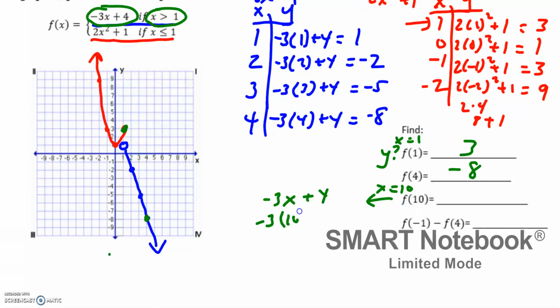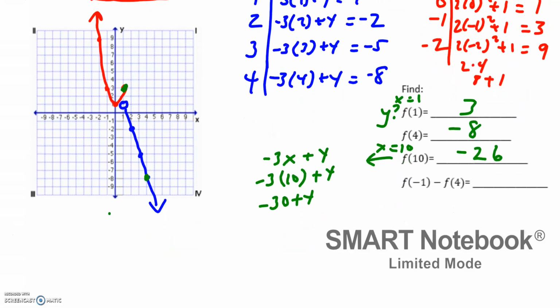So negative 3 times 10 plus 4, negative 30 plus 4, or negative 26. So whenever in a piecewise function you do not see something on your graph, remember that these functions only exist at certain places, and think about where this number fits in up here.